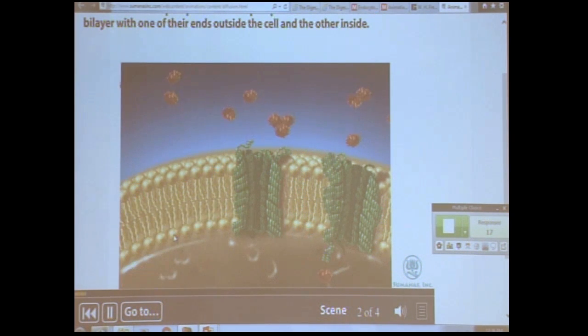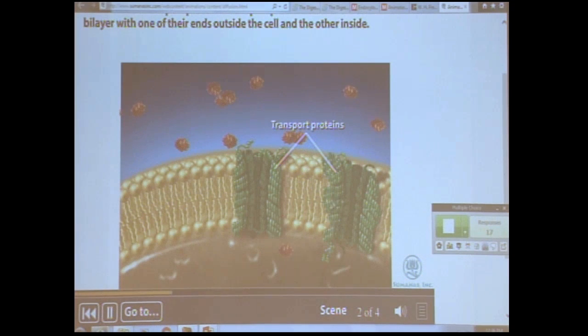All right. So which side has more glucose, outside or inside? Outside. Definitely the outside. Glucose is too big to go through by itself. So if it tried to, it would just bounce off. It's too big, can't fit through.